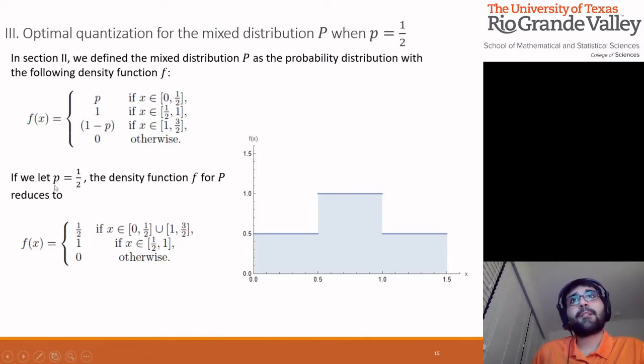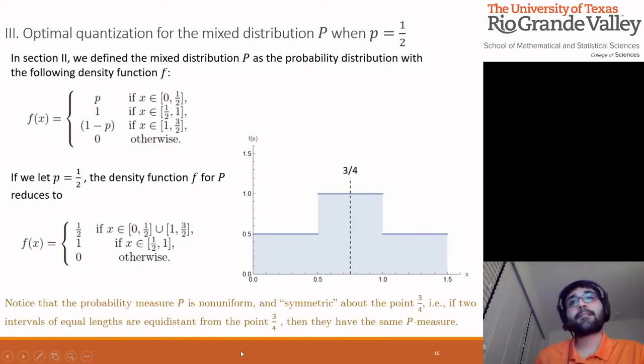If we let p equal 1 half, it reduces to this: f of x equals 1 half if x belongs to [0, 1/2] or [1, 3/2], or f of x equals 1 if x belongs to the interval [1/2, 1]. You can see this picture right here, and 0 otherwise.